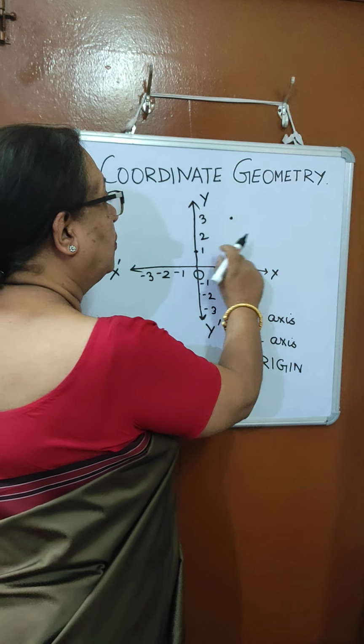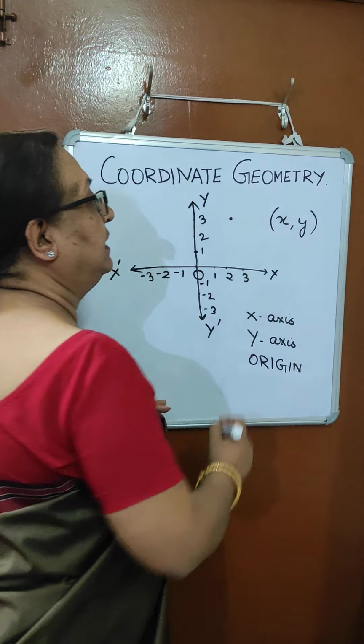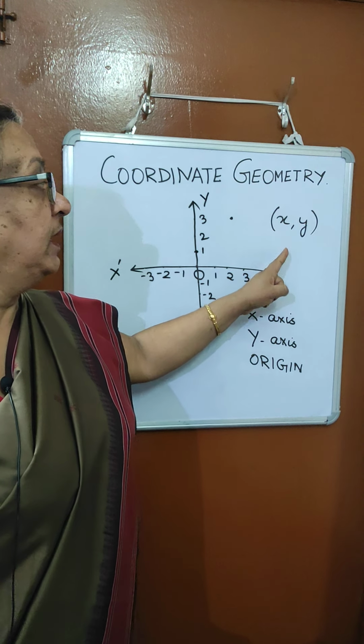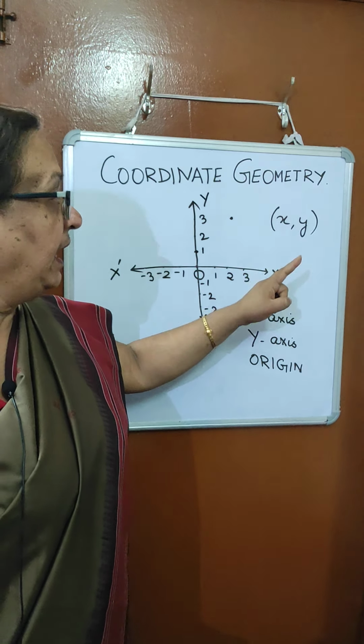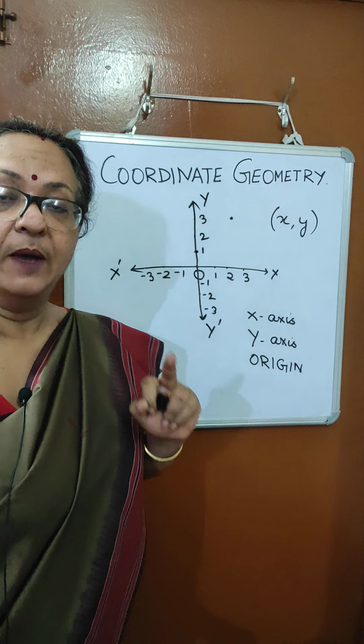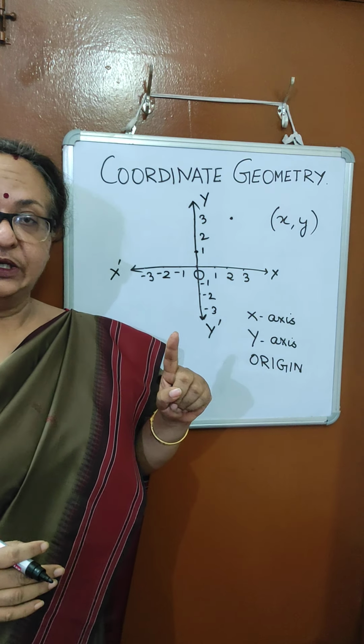So, these 2 numbers, we write in this order: x, y, which is called an ordered pair. Again, to be remembered, x coordinate always comes first, y coordinate always comes second.